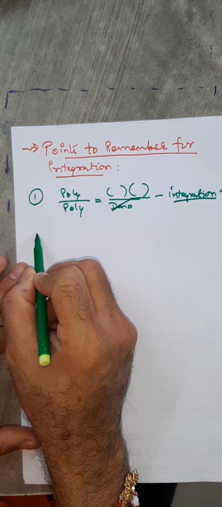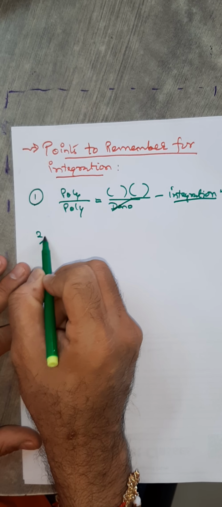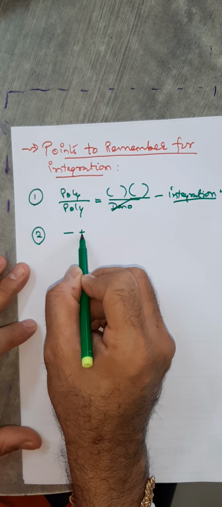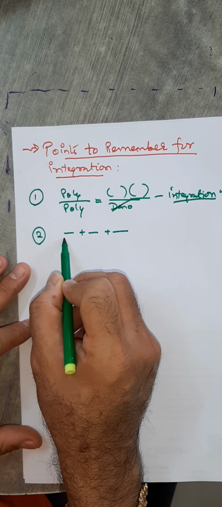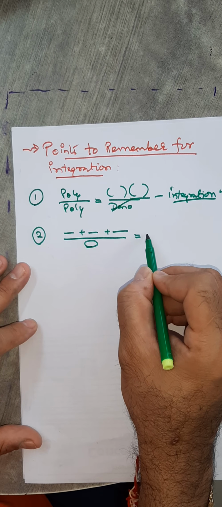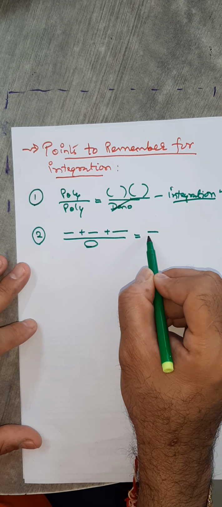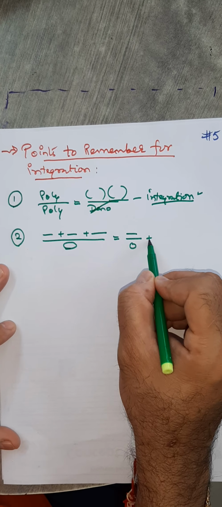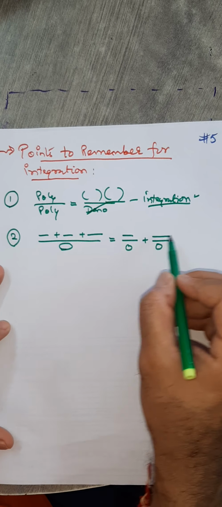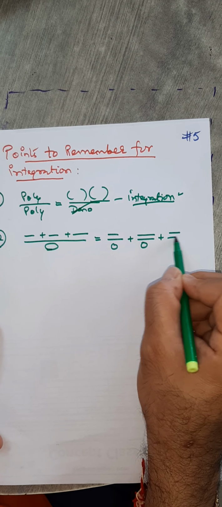Number two, if you have more number of terms in the numerator, suppose I have 1 plus 2 plus 3 terms, and I have a single term in the denominator, then what we do? Do individual division. This term upon this, plus second term upon this term, plus third term upon this term.